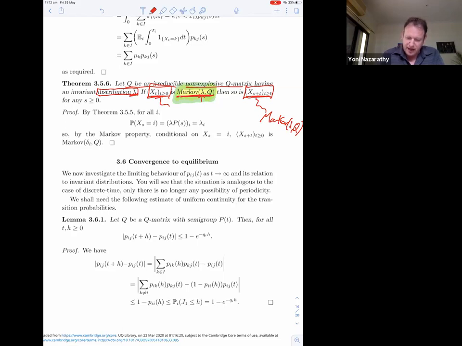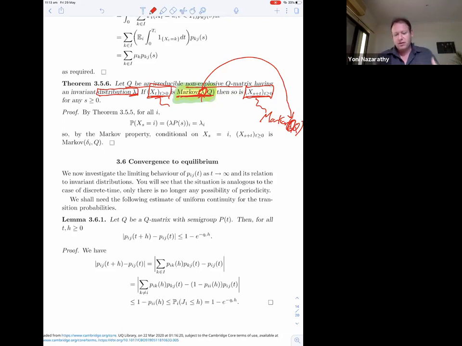The reason that happens is because you've propagated these probabilities and your new initial distribution at time s did not change. In general, if you did not start with the invariant measure as the initial distribution, you would not have the same initial distribution here, because the process would not be in equilibrium.